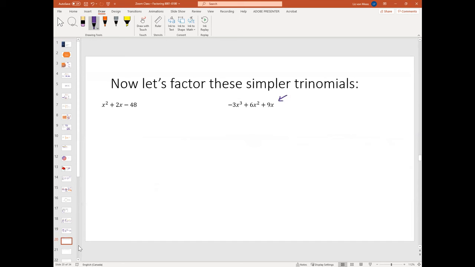Let's do this guy. It's not quadratic, but at least it's a trinomial.